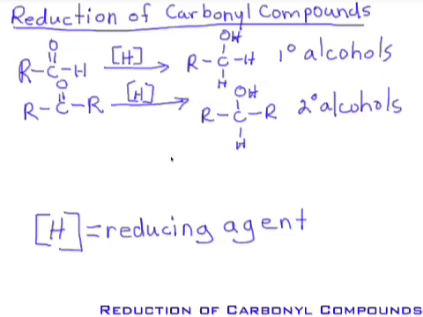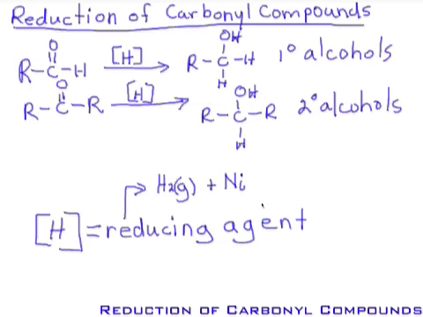Now there are 2 suitable reducing agents. One type of reducing agent is where you take H2 gas, which by itself would do nothing because it's too stable, and you add a metal catalyst. In this case, we're going to use nickel.